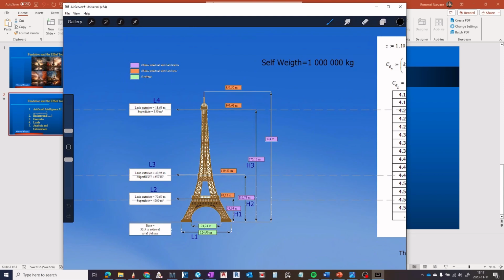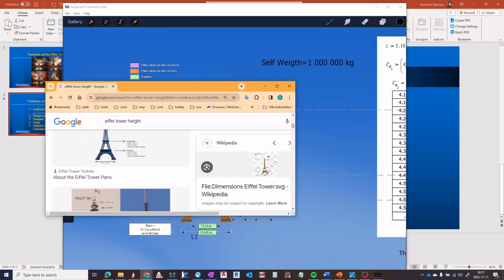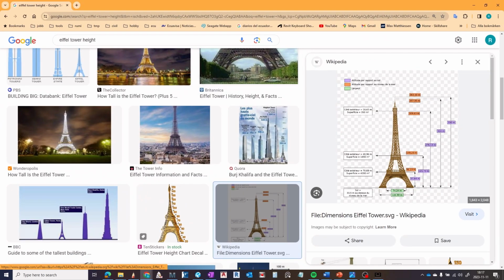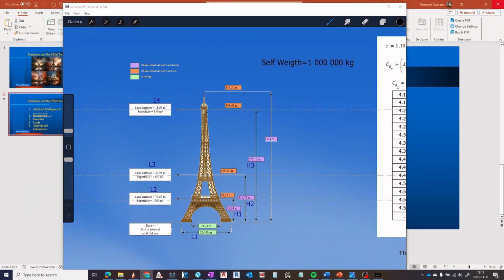You find this geometry that I took from Wikipedia, and you have this information to make this drawing or take care about the information of the levels.